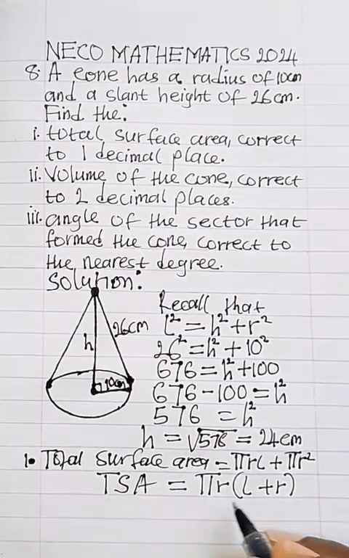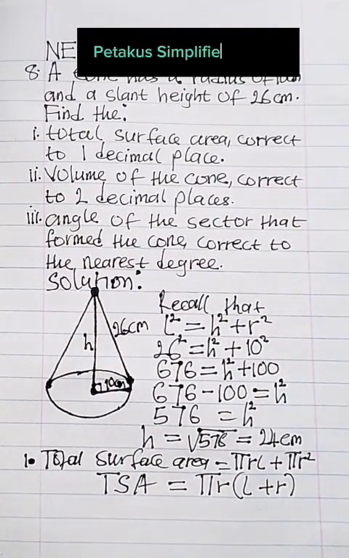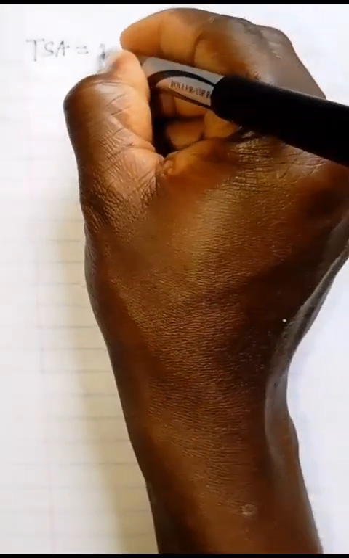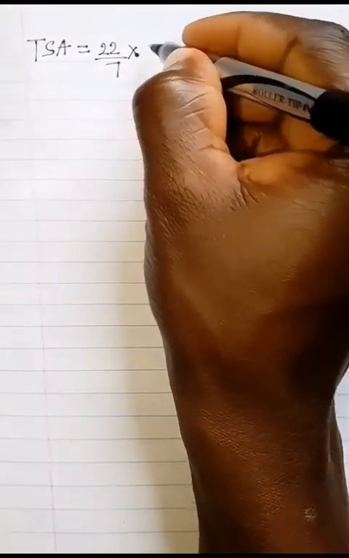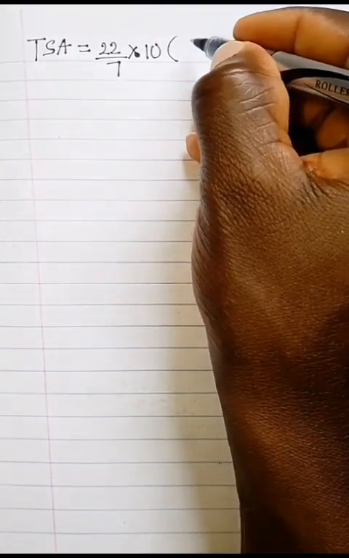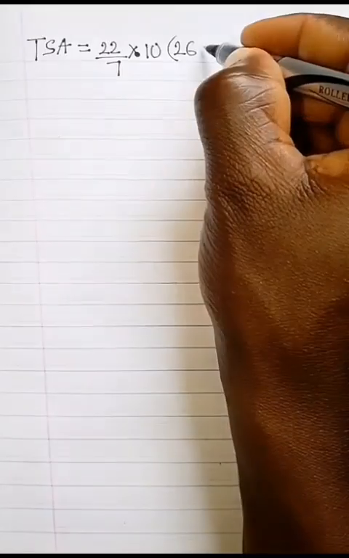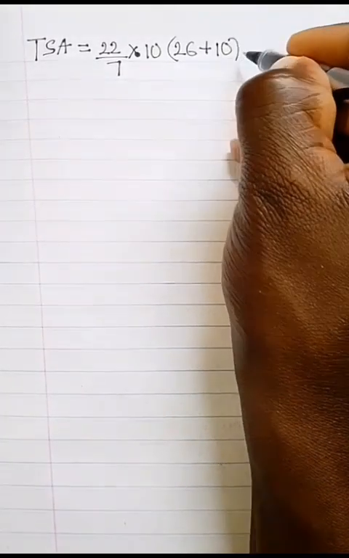Next, we fix in the various values. Total surface area is equal to pi, that is 22 over 7, times radius 10, bracket open, slant height 26 plus radius 10, bracket close.